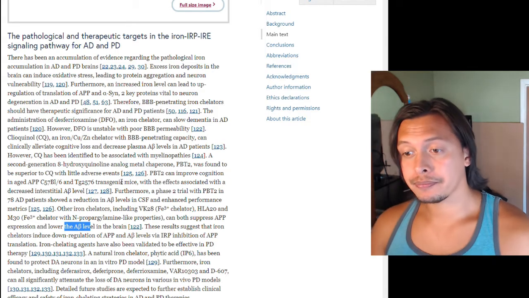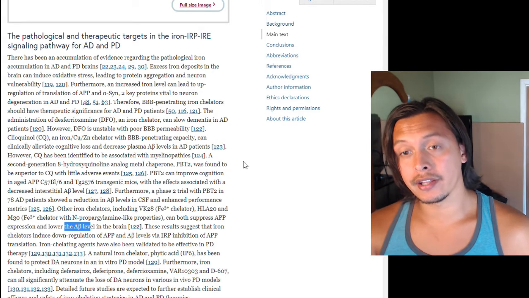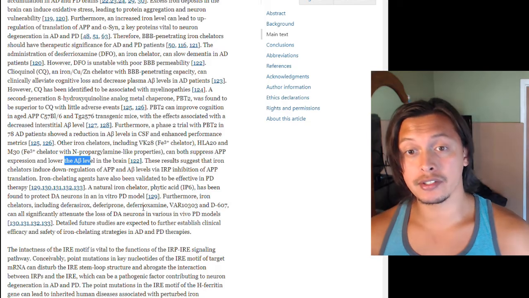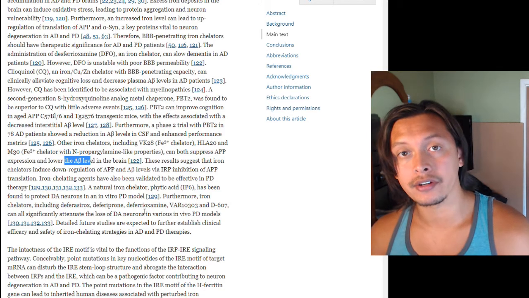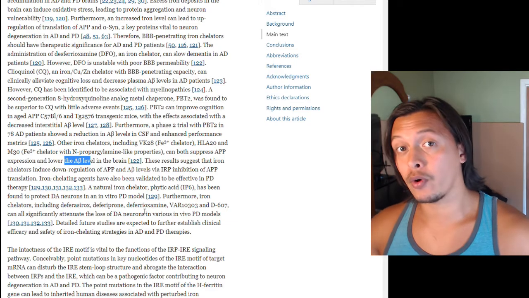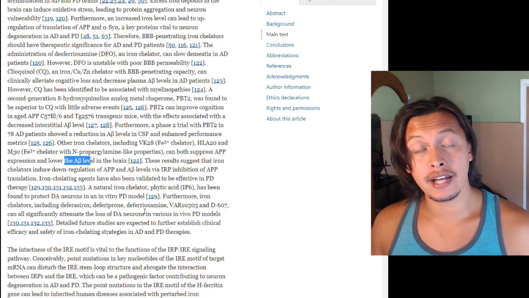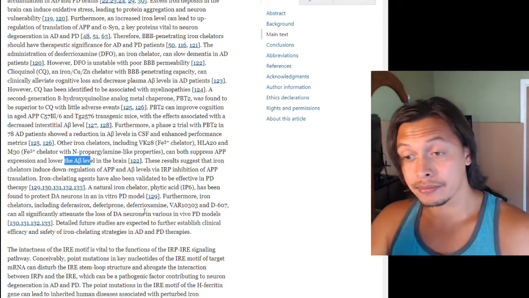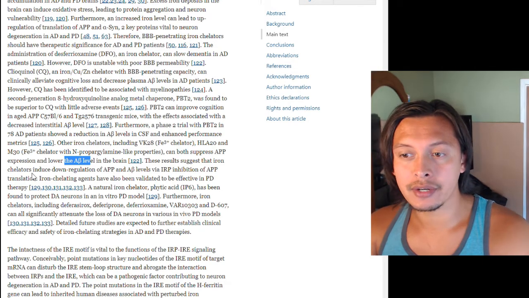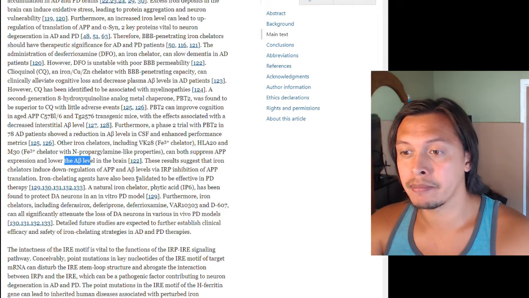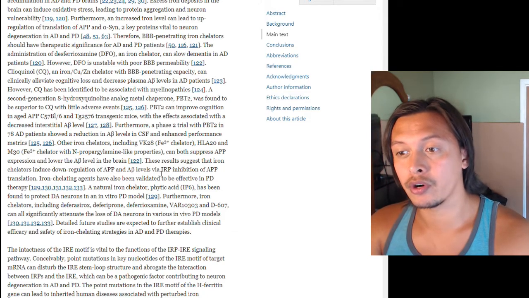And by doing that, you're having a large downregulation of the amyloid precursor protein, because remember, amyloid precursor protein is being upregulated in the presence of high levels of iron. One of the reasons for this is because it is important in helping get the iron out of the cells. So these results suggest that iron chelators induce downregulation of APP and amyloid beta levels through the iron regulatory protein inhibition of APP translation.